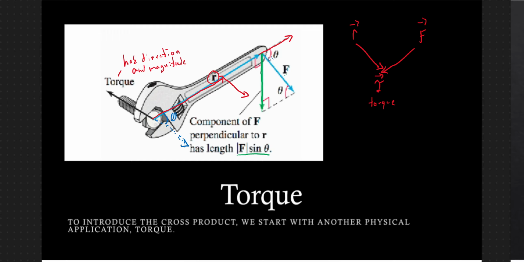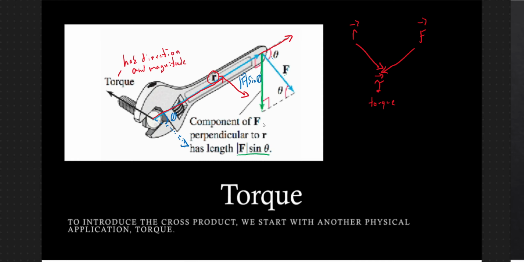And then just using some trigonometry, this will be that same angle theta. And now we have a right triangle, because I'm talking about the perpendicular to r. This is our theta. And so F sine theta will be this length. So this length is F sine theta, the magnitude of F times sine theta.